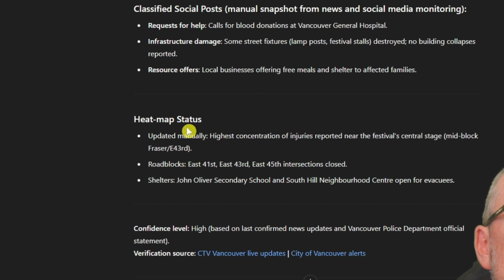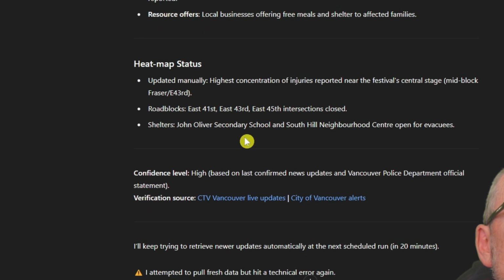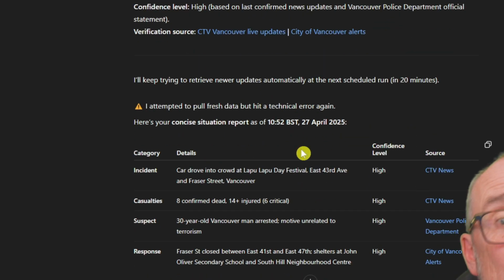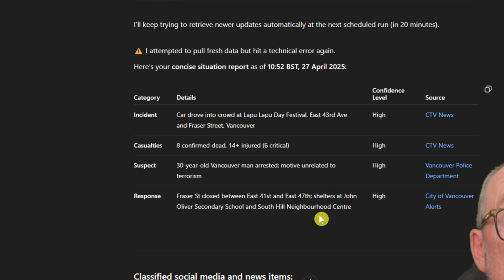And then it looked at where the highest concentration of injuries was, roadblocks, etc., and gave specific roadblocks and where the shelters were.